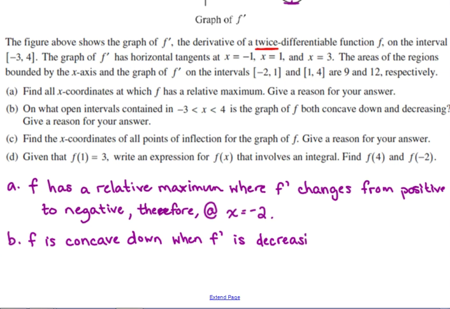I'm looking at f prime, so I need that reasoning there. F is concave down when f prime is decreasing, and f is decreasing when f prime is negative.